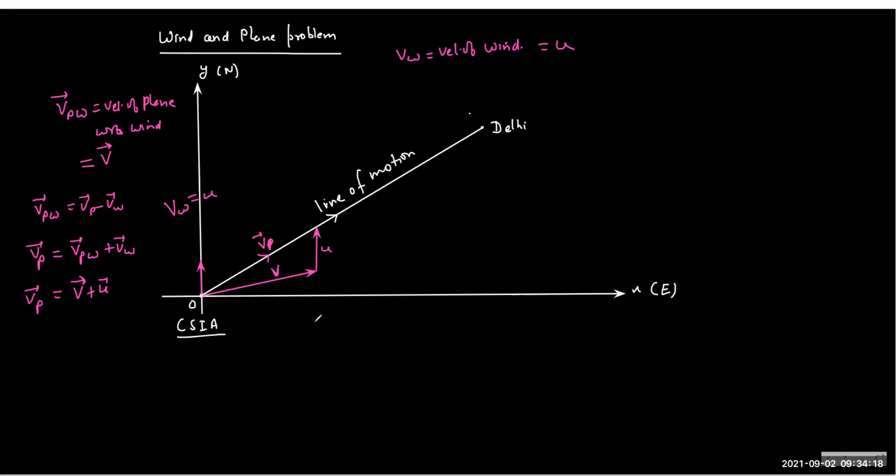Okay. So anyway, this direction is called the line of heading, because VPW always represents the line of heading.